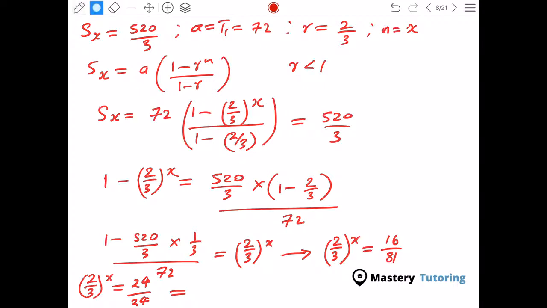So this is 2 over 3 to the power of 4, which is equal to 2 over 3 to the power of x. Therefore, we can make the conclusion now. Because the bases are the same, the exponents are equal. So x is equal to 4.